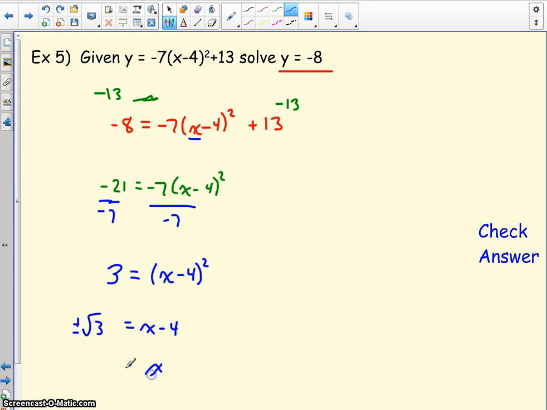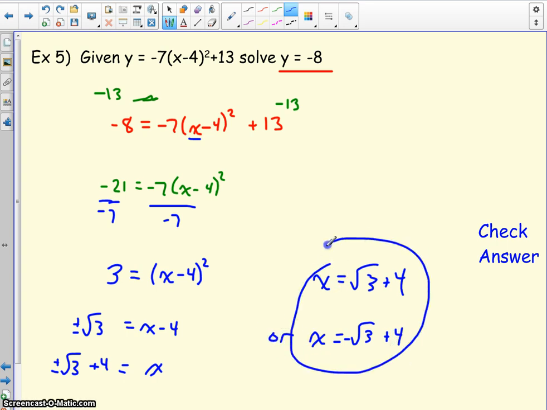So x will be equal to plus or minus root 3 plus 4. So x is equal to root 3 plus 4, or x is equal to negative root 3 plus 4. Both of these are possible answers.